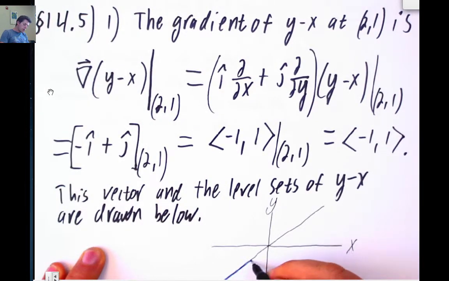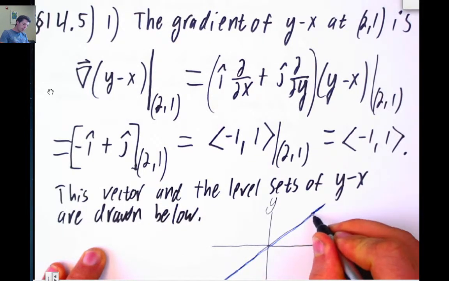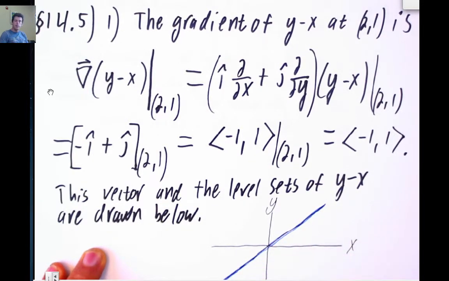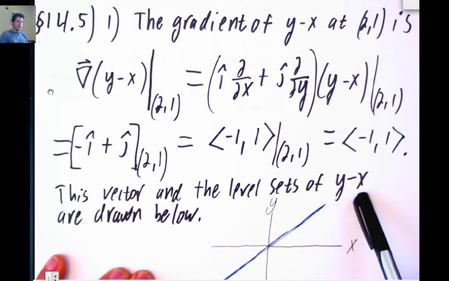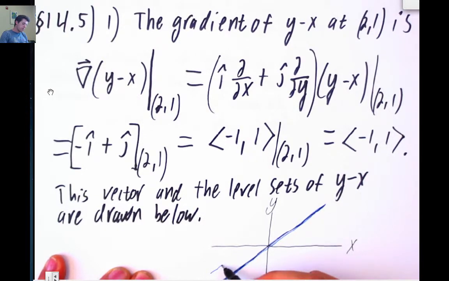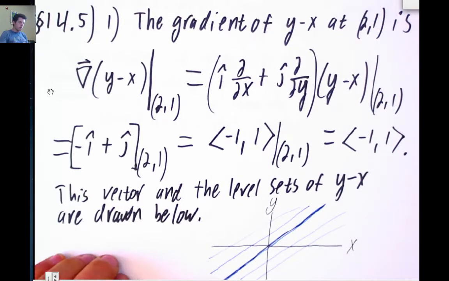This blue, that's the level set corresponding to 0. The level set corresponding to 1, so y minus x equal to 1, the solution set to that, of course, is simply this line. And y minus x equal to -1, that'd be this line. So all these parallel lines in the plane, those are the level sets corresponding to various numbers.